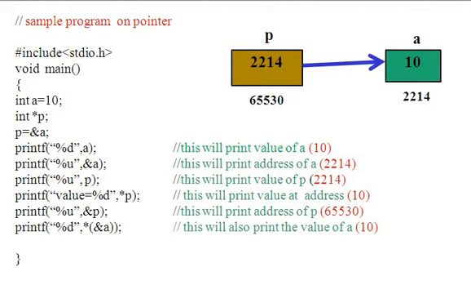Here in this example we just use 65530. And the last printf statement, as we discussed earlier, the address of a preceded with a star symbol gets the value of the variable. %u is unsigned integer.